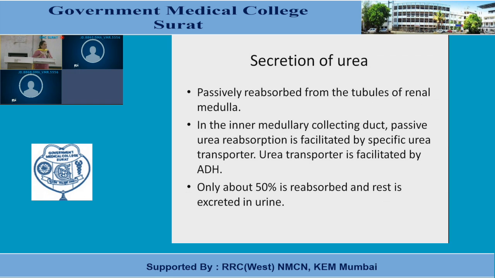So urea is also very important. Sodium is important, urea is important, the other solutes are important, and the most important is also ADH. These hormones are important for the concentrating and diluting abilities of the kidney.